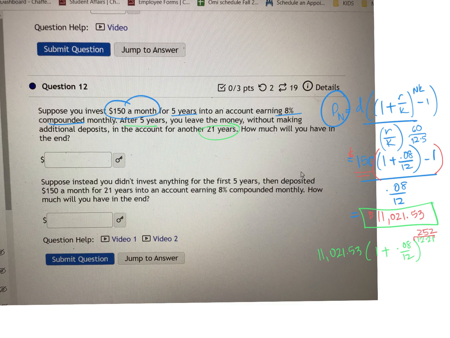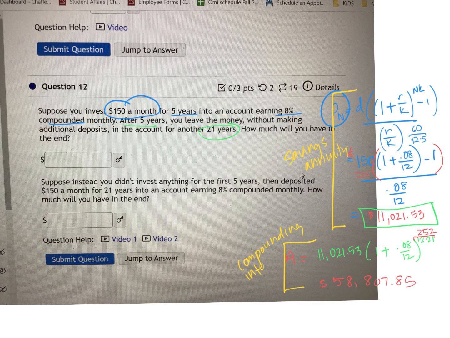And so we enter that into our calculator, we're going to get $58,807.85. So again, this is a savings annuity, that's our first part, and then it turns into just regular compounding interest because we're not depositing monthly payments anymore.